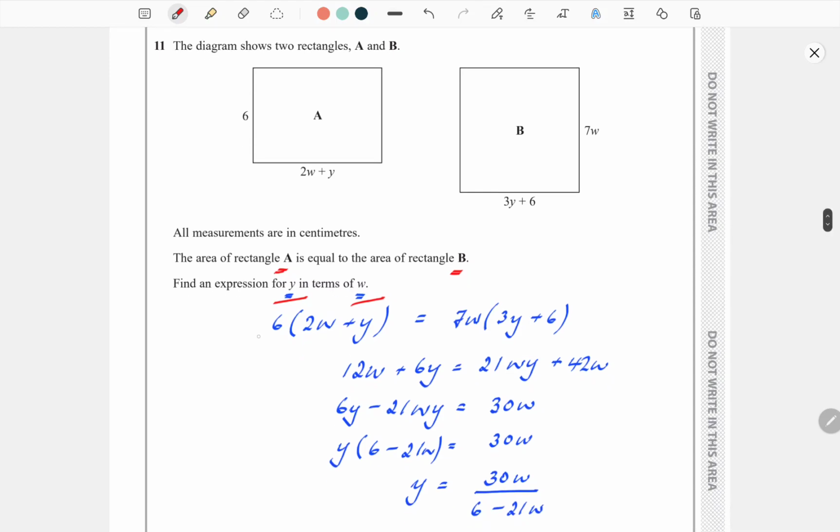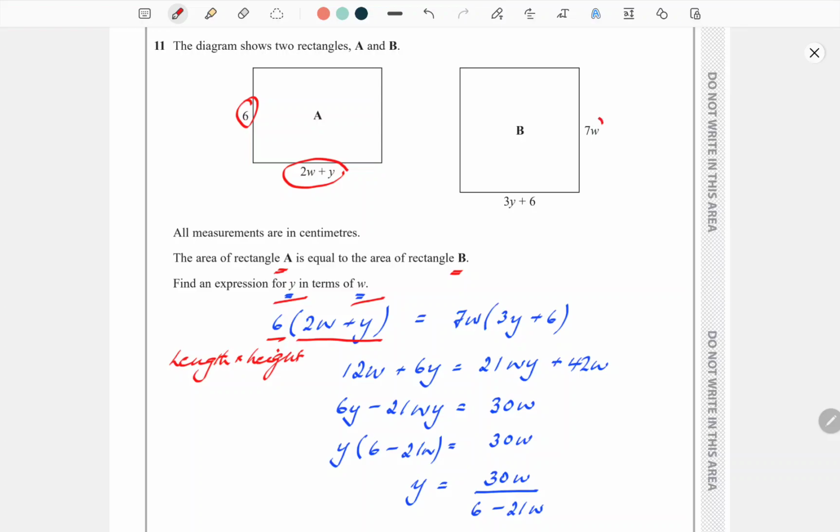All right, how do we go about this? Well, the area of a rectangle, as you know, is length times height. Doesn't really matter which order. So here I've got 6 times 2w plus y. Make sure you're using brackets. So 6 times the whole of 2w plus y.